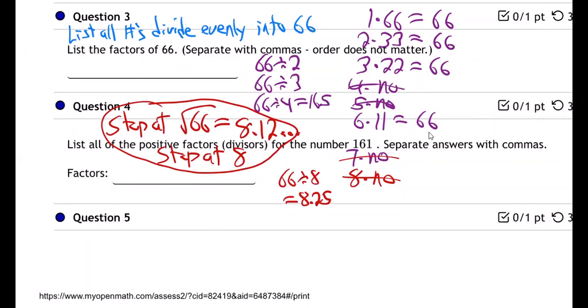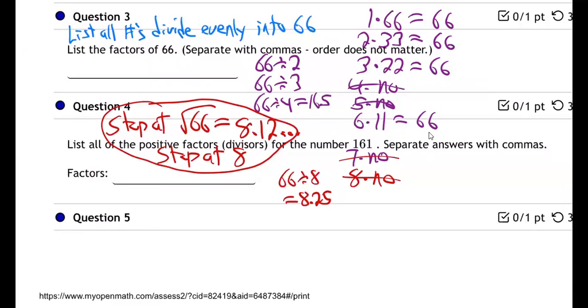That's actually a great question. Why the square root? I'll answer that in just a second. But first, let me show you that is how you do it. You take the square root of 66, which is 8.12, and that tells you where to stop. That way you don't keep going all the way up to 66.